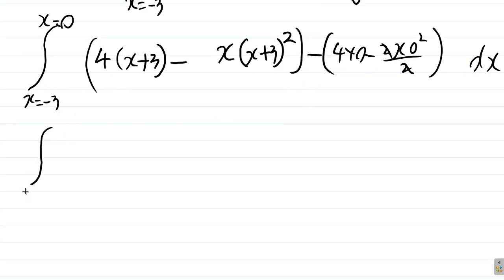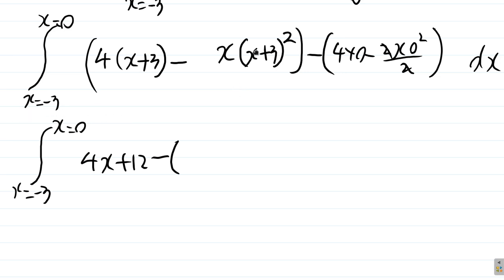So I have the integral from x is negative 3 to x is 0 of 4x plus 4 times 3 is 12 minus, let me put a bracket here, x plus 3 squared. Right?